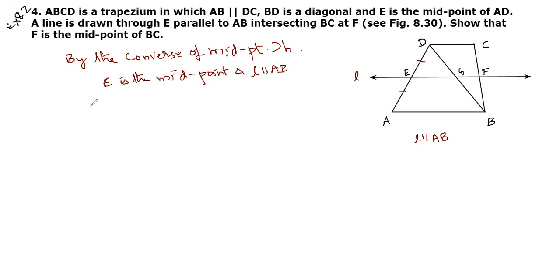Therefore, by the converse of this theorem, G is the midpoint of BD. Okay. Now after that, see another triangle. Now you have to see this triangle.